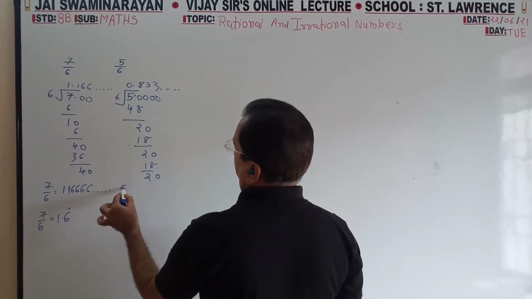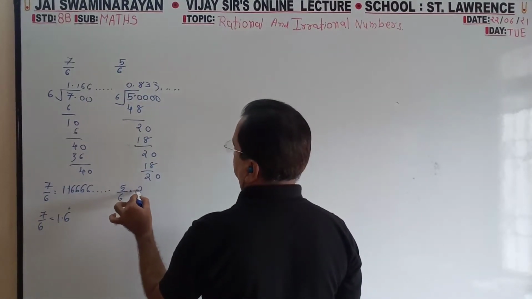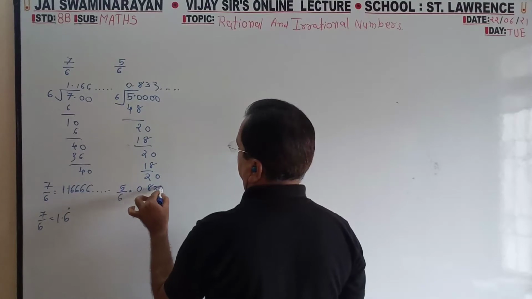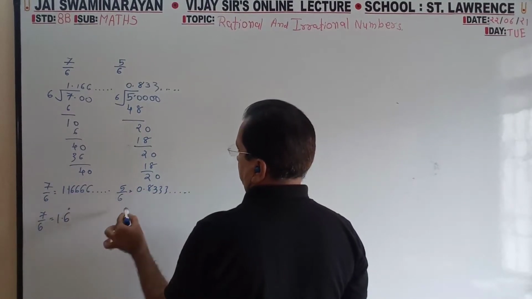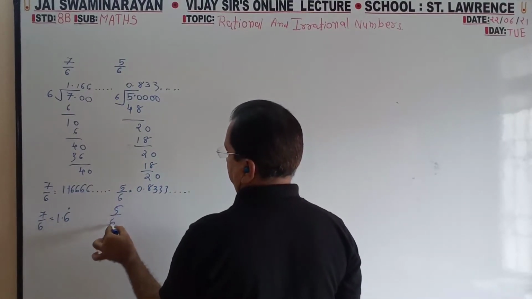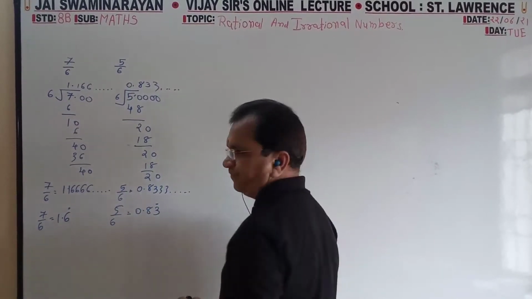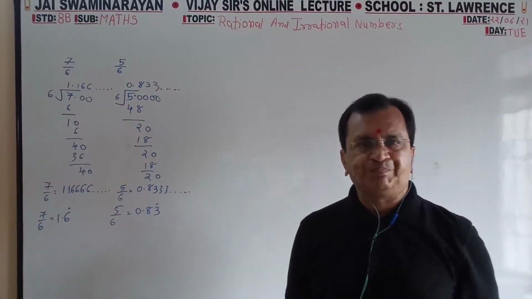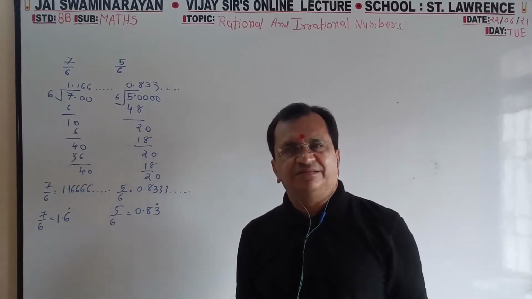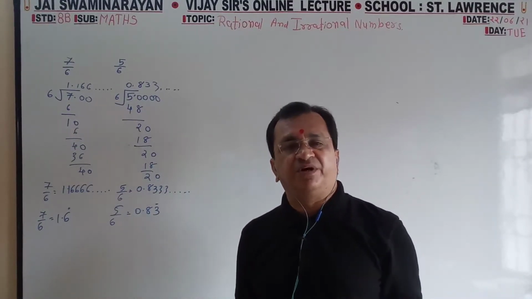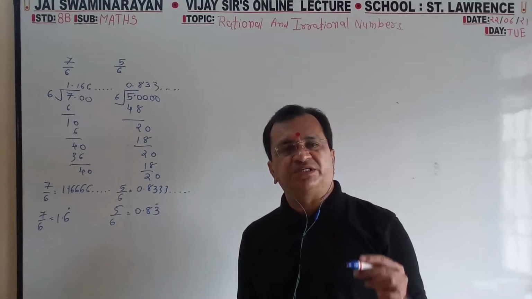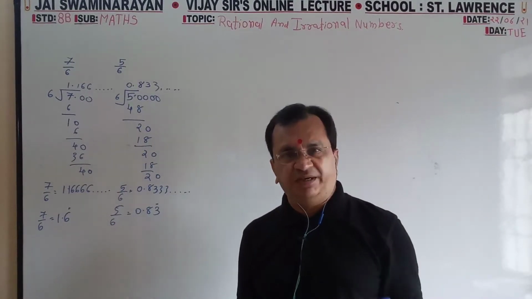So 5 by 6 is equal to 0.8333. That you can write as 5 by 6. This is called a recurring number. Again the numbers are coming the same and the same.